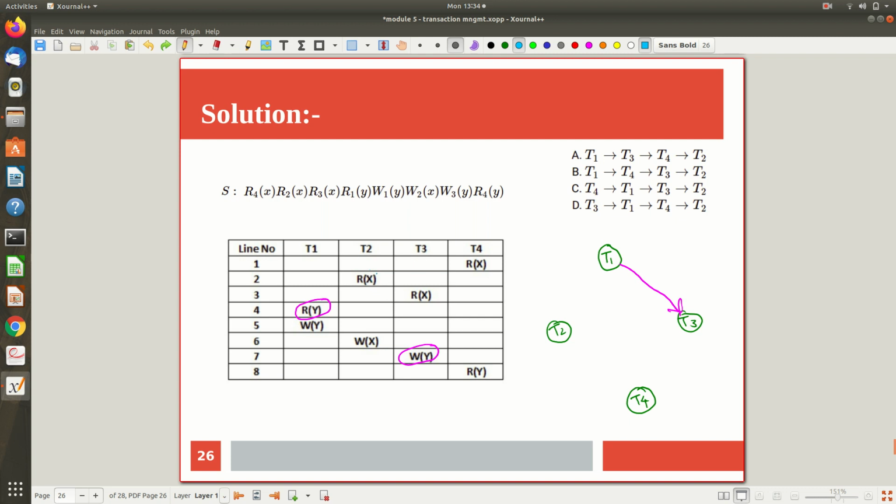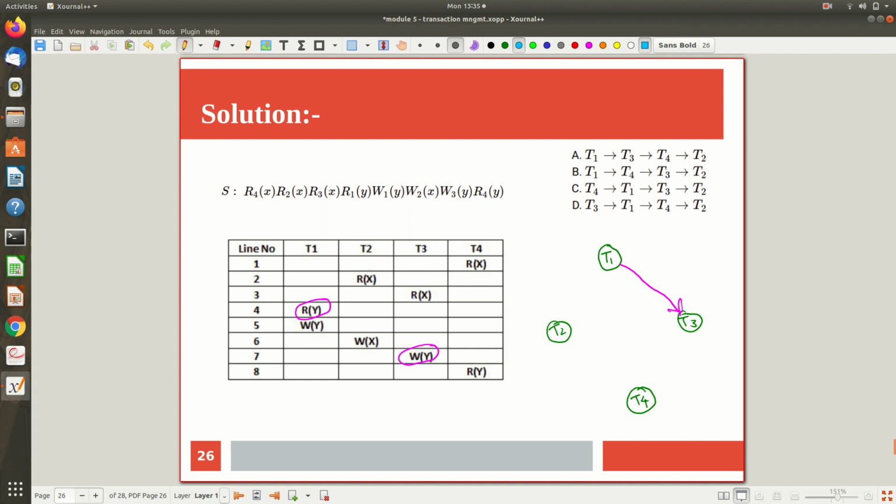And what about T2 and T4? Here the data item is x. Here you can't see anything on x following it, right? So there is no conflict between them. So that means T2 is not being connected with others, right? It can be executed at any time, so it does not have any dependency with the other transactions.